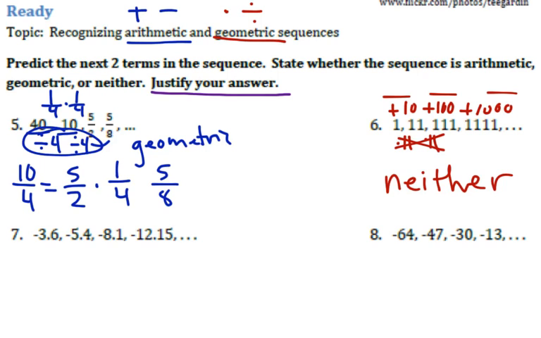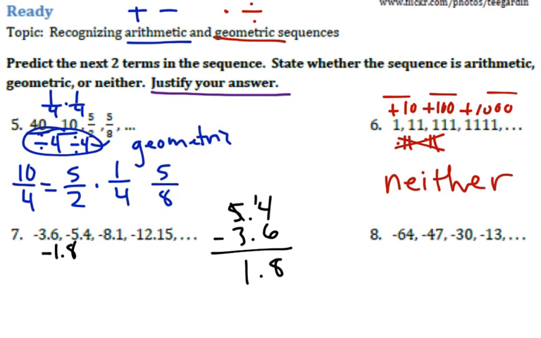Okay, now number 7, we've got negative 3.6, negative 5.4, negative 8.1. Well, how do we go from 3.6 to 5.4? Well, take the bigger one and subtract the smaller one and see what we get. 1.8. So if I subtract 1.8 from that, is that getting me negative 5.4?